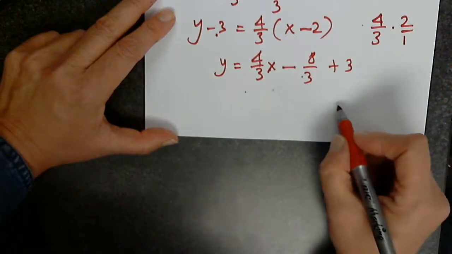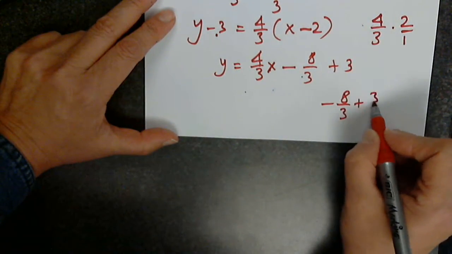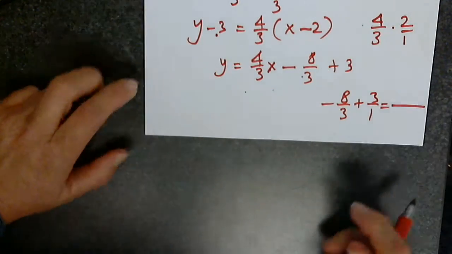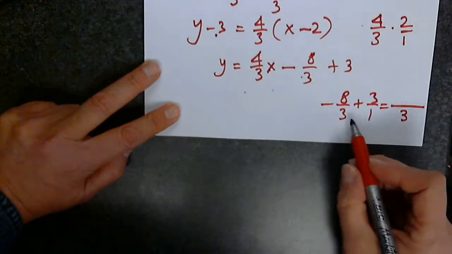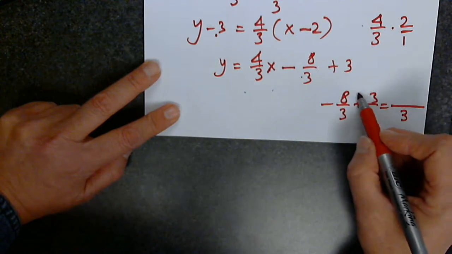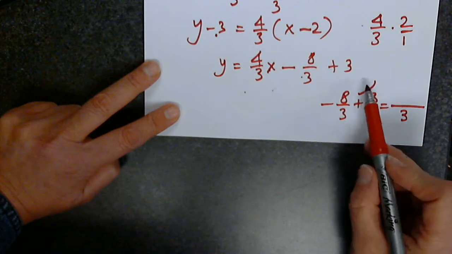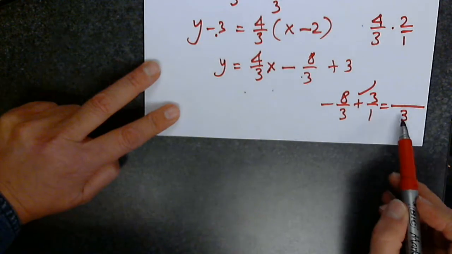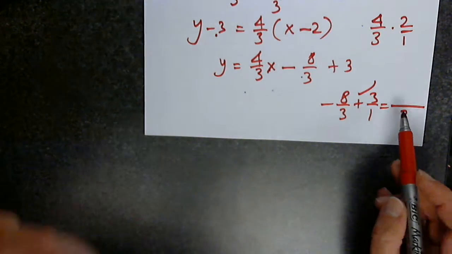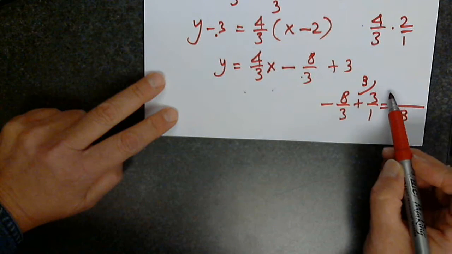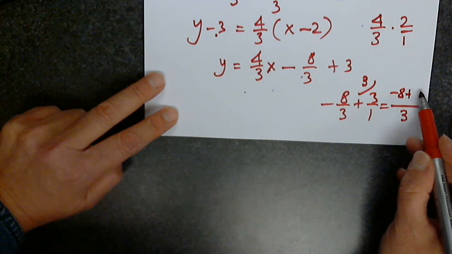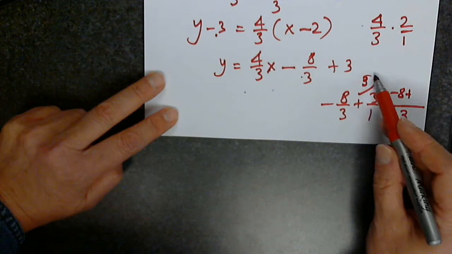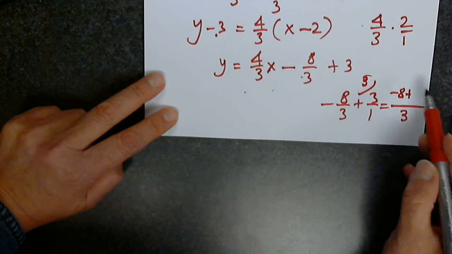Now, let's take it aside. -8/3 plus 3/1. Please give me the LCD. Yes. So this one does not need anything, but this one needs 1 times what is 3. So the numerator is -8 plus 9.